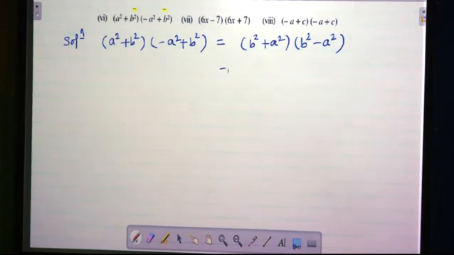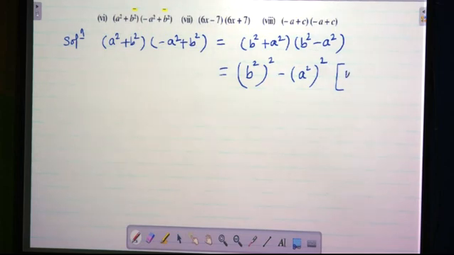So, this becomes B square square, minus A square square, using identity 3.